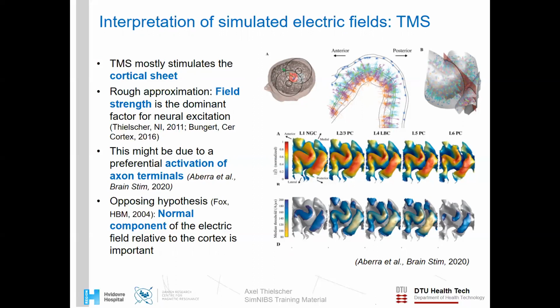So to a first rough approximation, we think that the electric field strength is the dominant factor which determines whether neural excitation occurs or not.